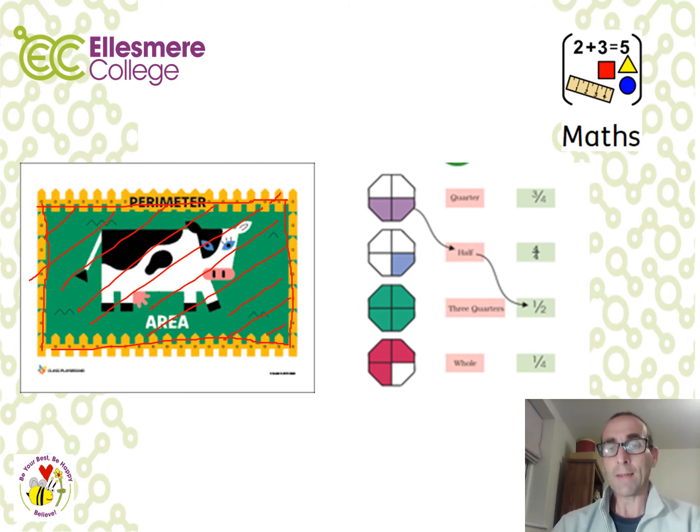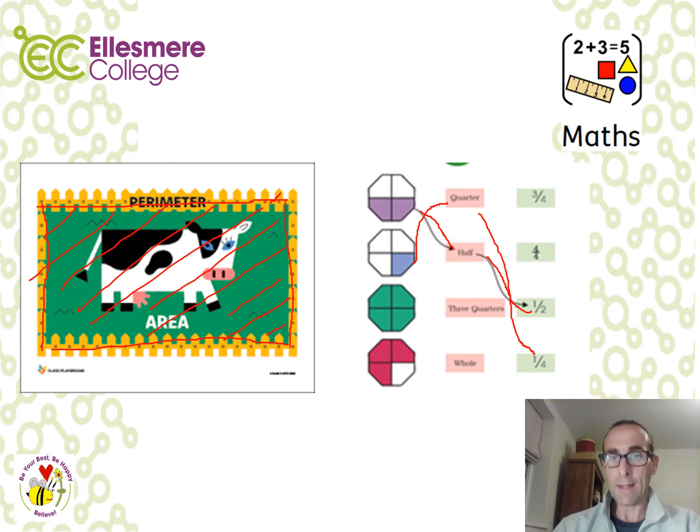In the final maths lesson, lesson 8, we'll be looking at very simple fractions. So here we have an example where the shaded area here is a half, gives us a half. This is a quarter, so it gives us a quarter.